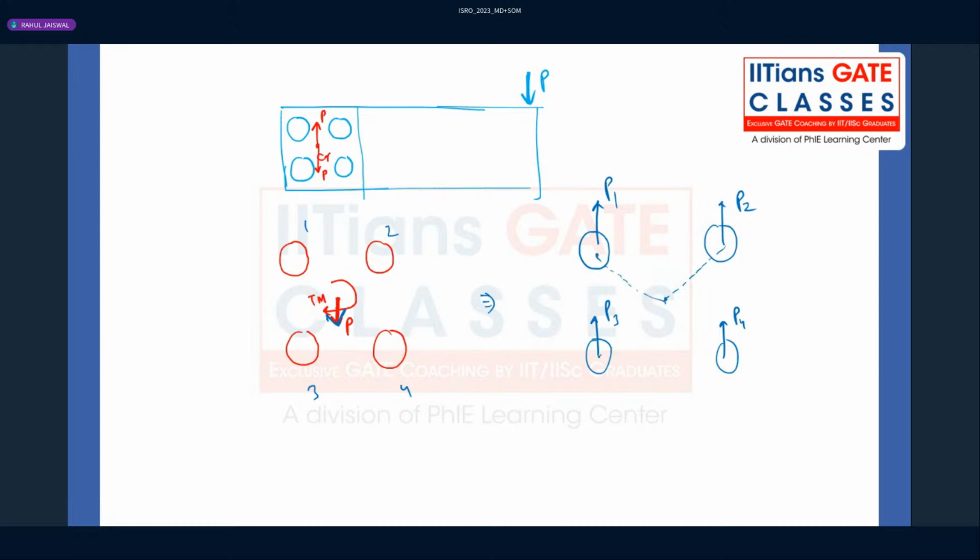They will try to resist this twisting moment by shear force. That is called secondary shear force. The external twisting moment is acting in the clockwise direction, so they will try to resist this twisting moment in such a way that the net moment about point O has to be 0, like this.